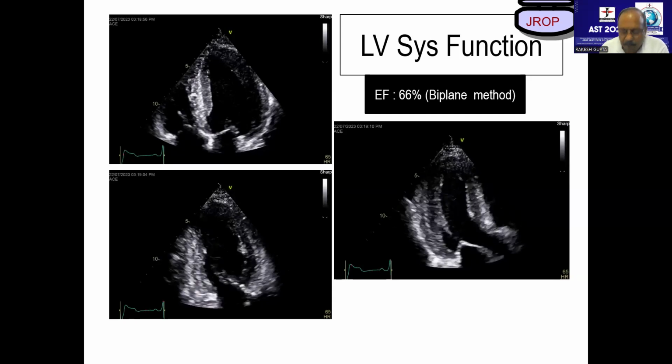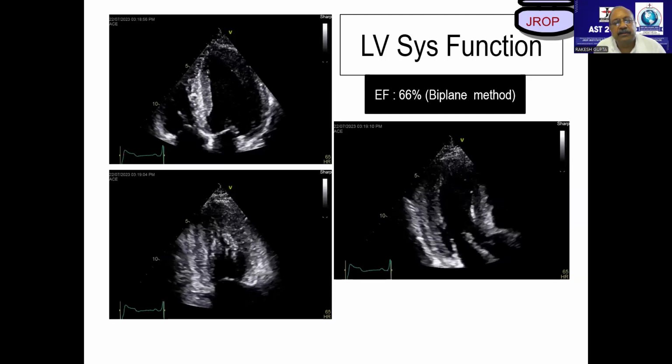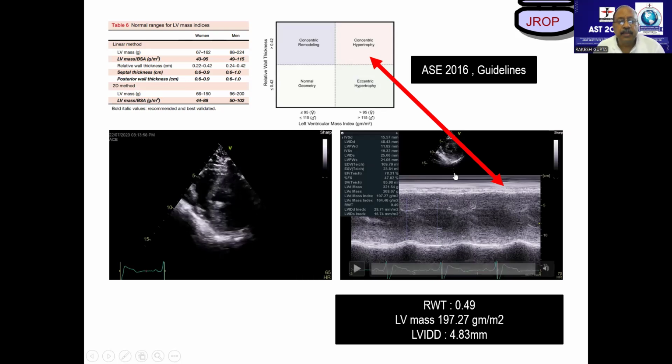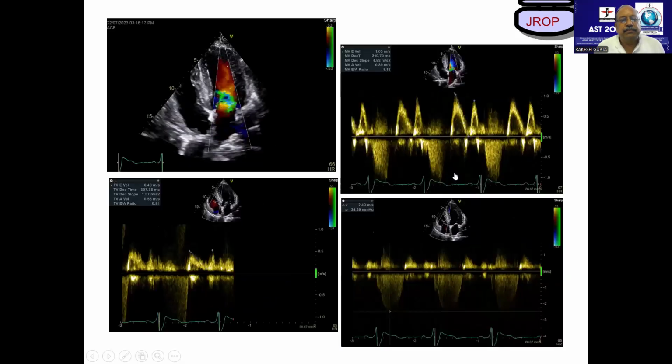But there is no regional wall motion abnormality. The papillary muscle is there. A concentric LVH. We can see the LV wall thickness is 16 millimeter in diastole over here and almost 12 millimeter over here in the posterior wall. Based on the 2016 guidelines, it belongs to concentric LVH. And unfortunately, we could not see any wall motion abnormality.